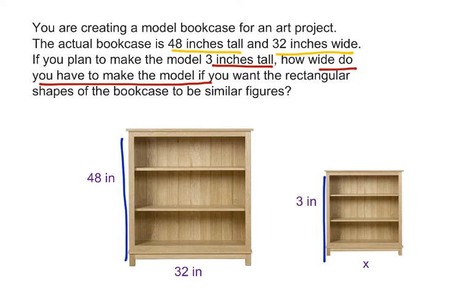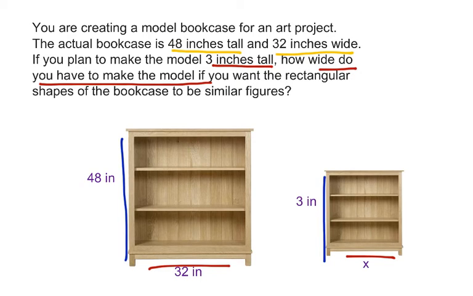The way your textbook teaches you is to look at the corresponding sides, which in this case is 48 and 3. And we can see that when we shrink it down, that side looks the same. Now the next side is 32 inches, which is the bottom, and that's going to correspond with the X. So now we have something we can easily set up.